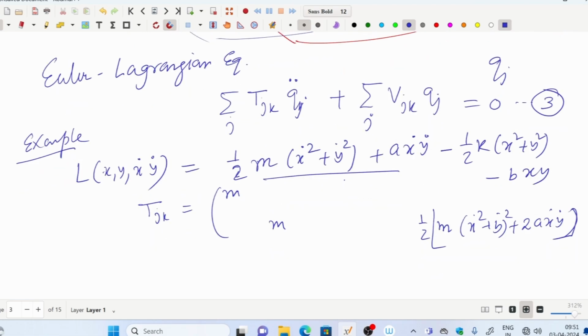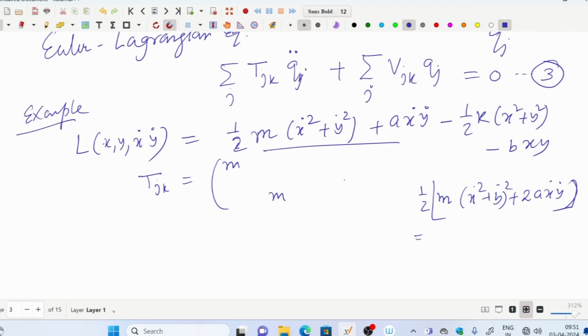And then further we can write half m (x dot square plus y dot square) plus a x dot y dot plus a y dot x dot, because I have to write this matrix in a symmetric way.